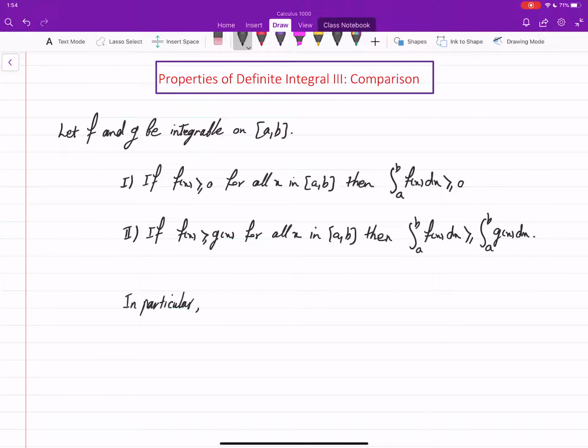In particular, if we know that a function f of x is between two numbers, absolute min, lowercase m, and absolute max, capital M, for all x in the interval a, b, then the integral of that function from a to b can be approximated by integrals of these constants.